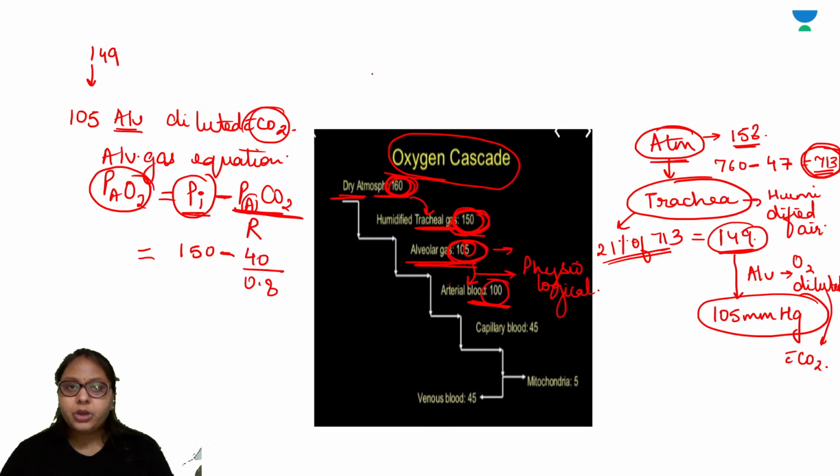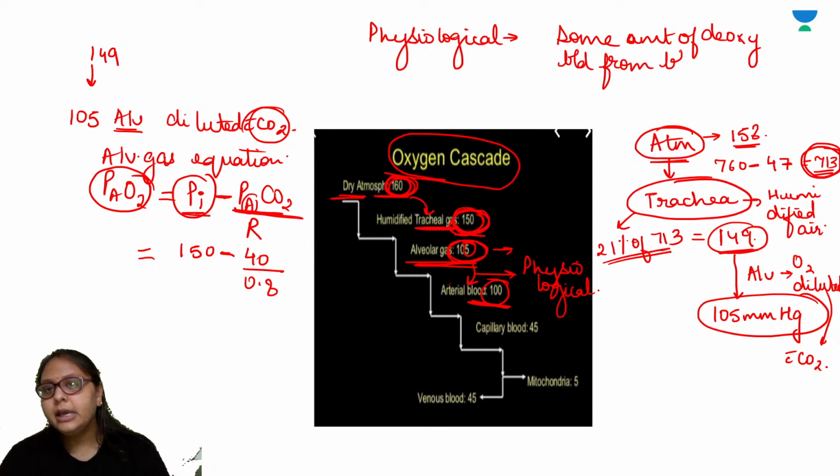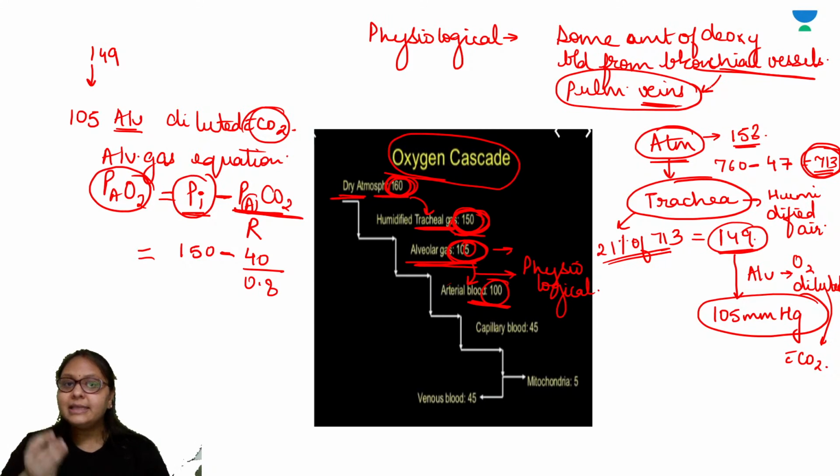Some amount of deoxygenated blood from bronchial vessels या फिर pulmonary circulation gets added to the pulmonary veins which has oxygenated blood. तो ये deoxygenated blood जब इस oxygenated blood के साथ add हो जाता है तो उसकी वजह से further decrease in the oxygen tension हो जाता है.